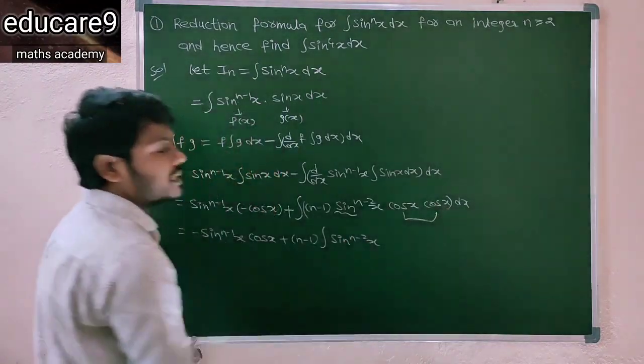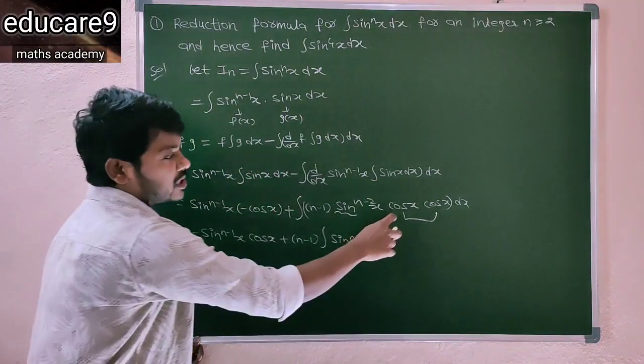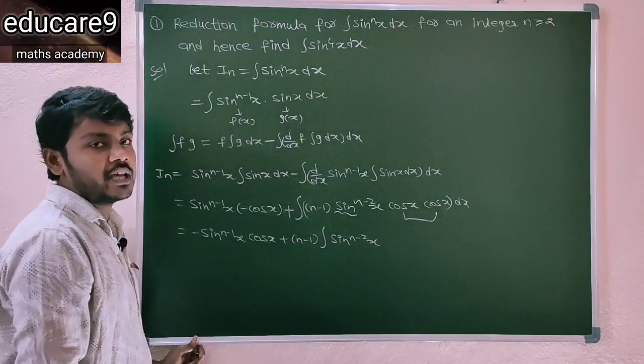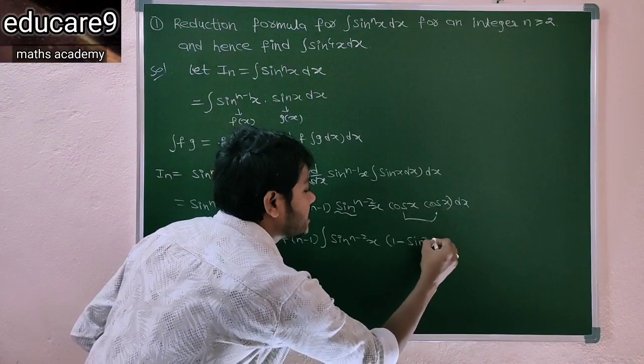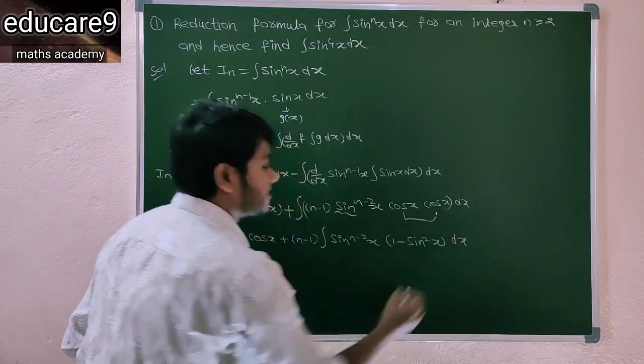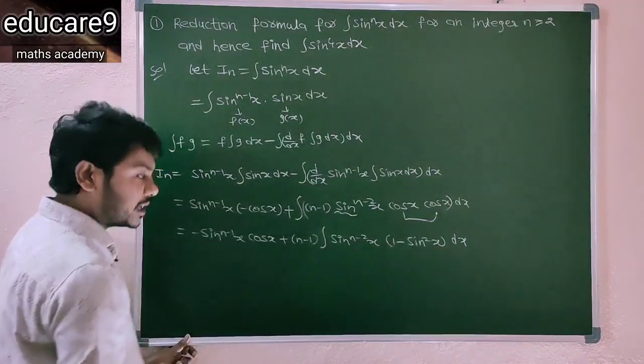Here cos into cos square x. So this cos square x we write in terms of sin, that is 1 minus sin square x dx. Now multiplying inside, what you get?